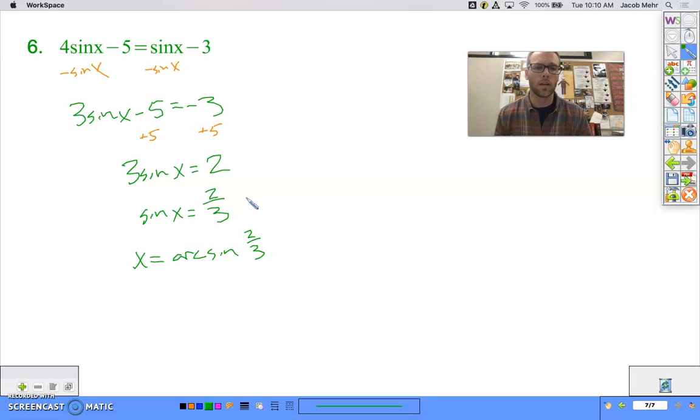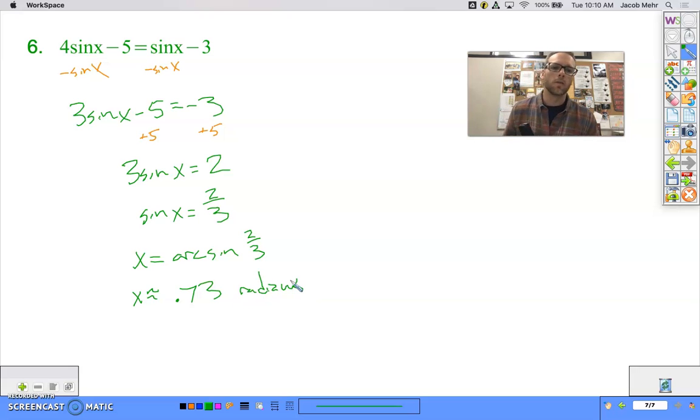But instead of doing this one in degrees like I did on the previous problem where we had to use our calculator to get our solutions, let's do this in radians. So I'm going to switch my mode back to radians. And I am going to type in the arcsine or inverse sine of 2/3. And I get x is about 0.73. Now that is in radians.